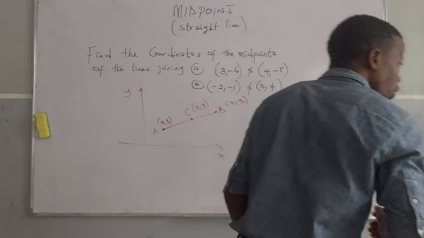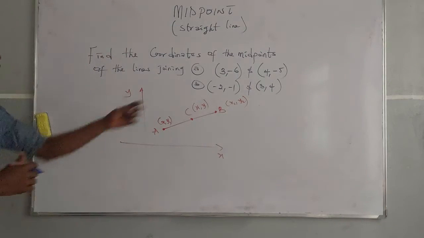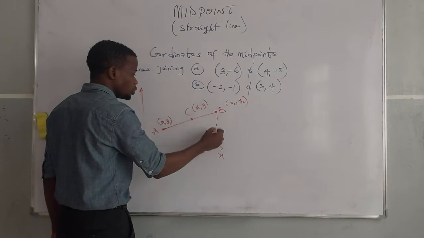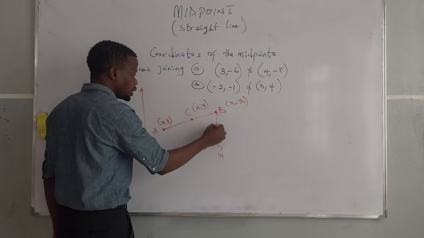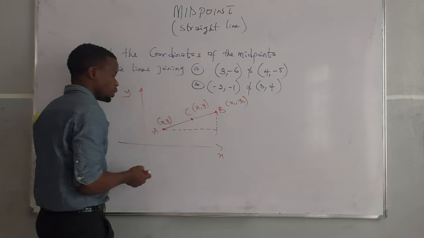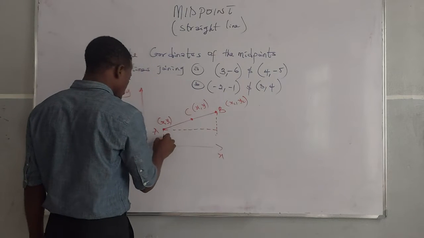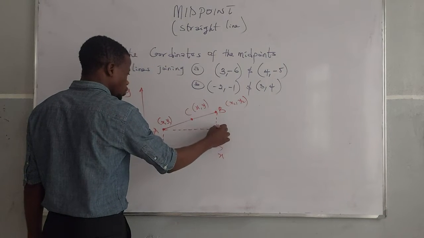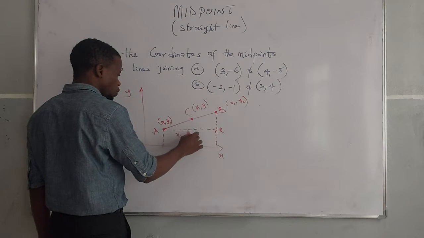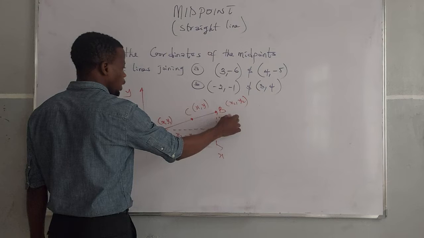So that now brings us to the question, how do we get the coordinate of this? Anyway, we take the same process we went through for our gradient, our straight line, and the distance between 2 points. From here, you have this place to be x2 minus x1, and y2 minus y1.